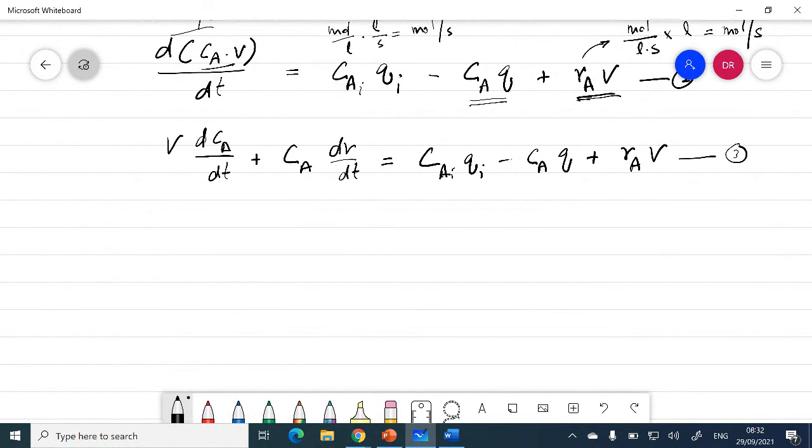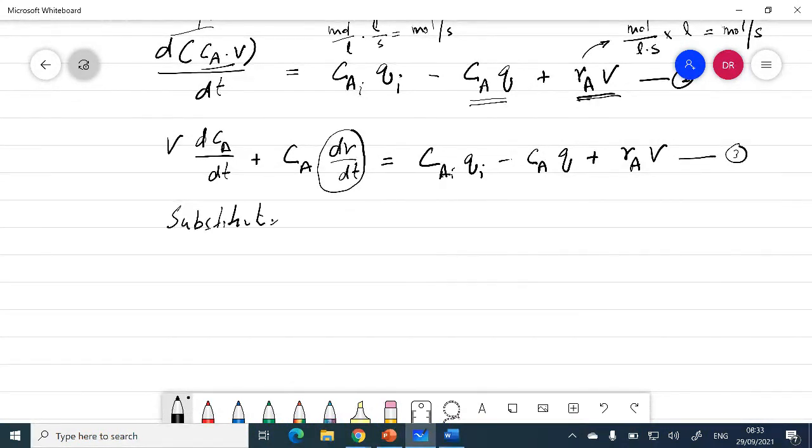Now we have two variables. One is Ca, the exit concentration of component A that we are going to target. And the other variable is the volume, that is dV by dt, and that we already derived.